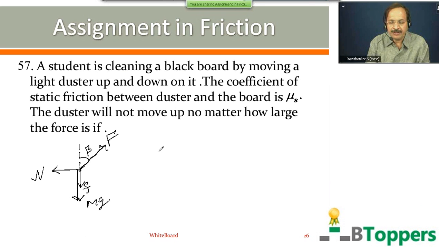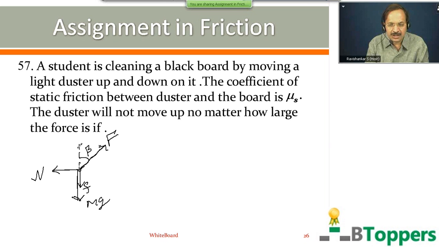See the question number 57. So I have drawn the free body diagram for the block. Let us first find the condition for which the duster can move up on the surface of the blackboard.